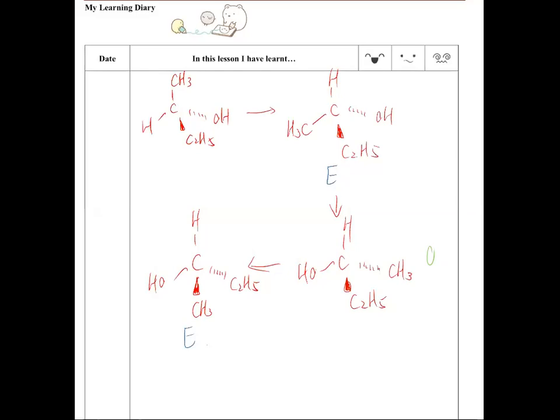Or would it help if I show you the model again? Okay, let me show you the model again.